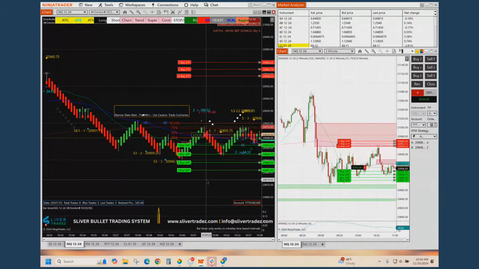It's going to scare us a lot before making a big swoop to the downside.